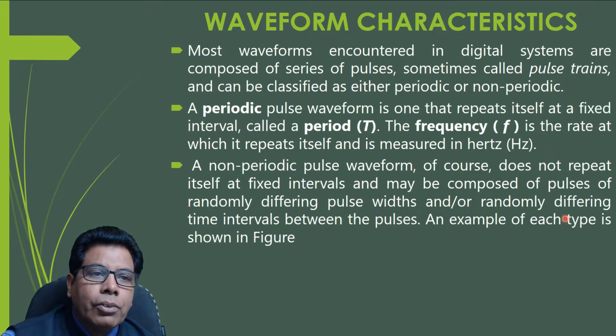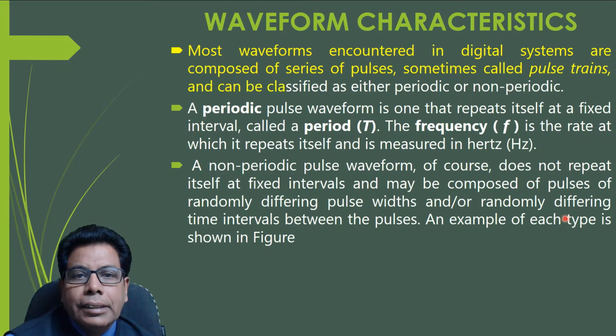Then the waveform characteristics. Most digital systems are composed of a series of pulses, sometimes called a pulse train, and can be classified as either periodic or non-periodic.